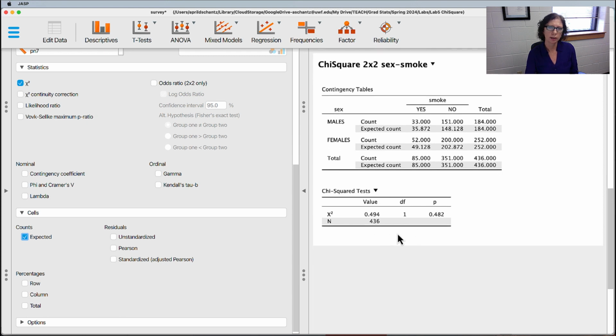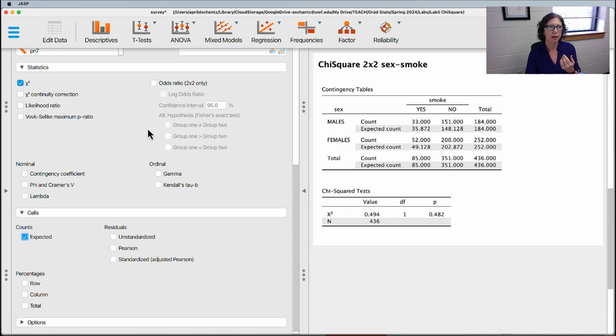And this one's tricky because a regular chi-square is not what we want to use for a 2x2 table. It's kind of a special table because it's so small, and we need to use the Yates continuity correction to get a more accurate chi-square estimate here.